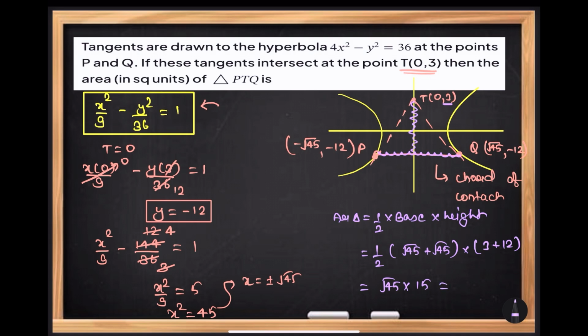Now you can also write this 45 as 9 into 5, and 9 can be taken outside as 3. So can I say that it is 45 root 5 square unit? Okay, so the area of triangle PQR is 45 root 5 square unit. I hope things are clear.